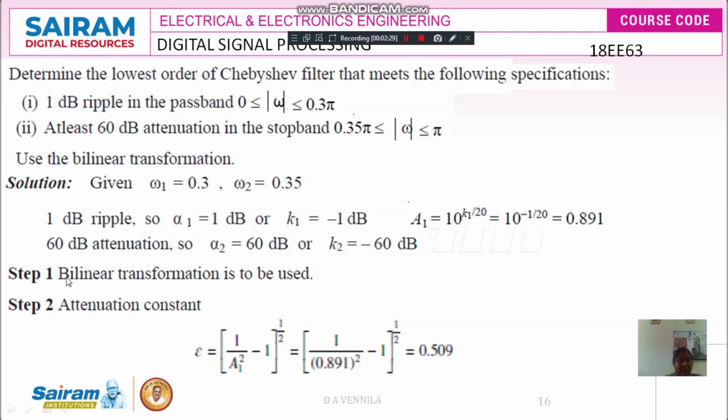Now we have to calculate the attenuation constant, denoted by epsilon, which is equal to 1 divided by (1 by a1 square minus 1) to the power 1 by 2, where a1 is the gain of your passband. The a1 we have calculated is 0.891. If you substitute, you will get 0.509. This is the attenuation factor of your passband gain.